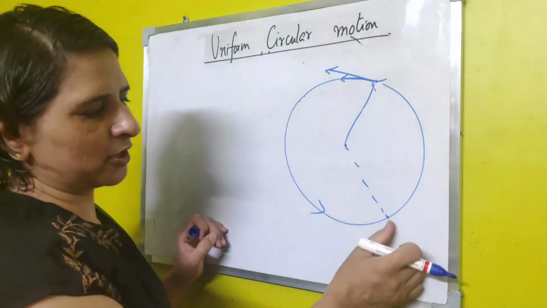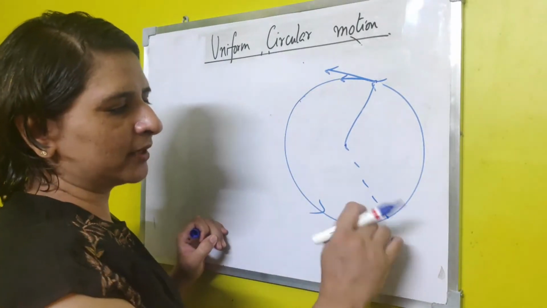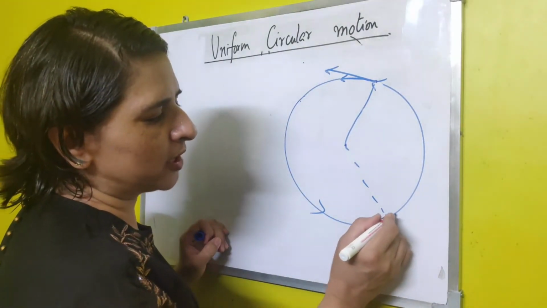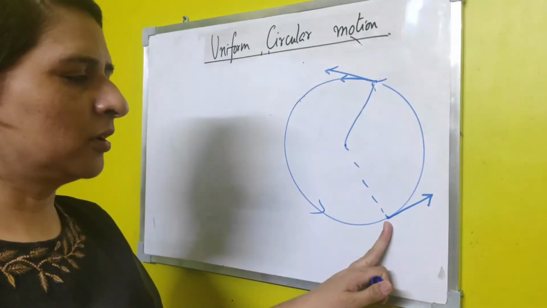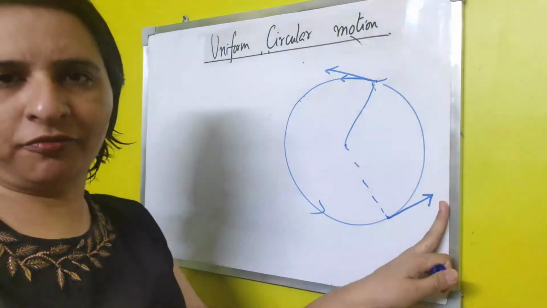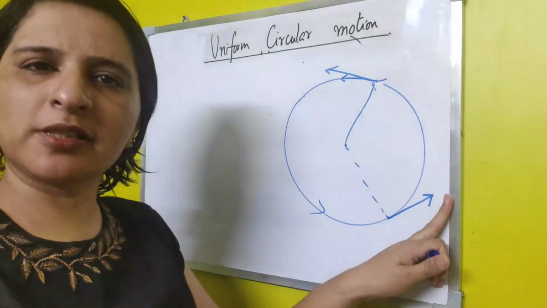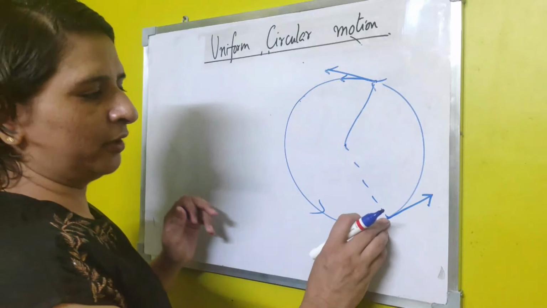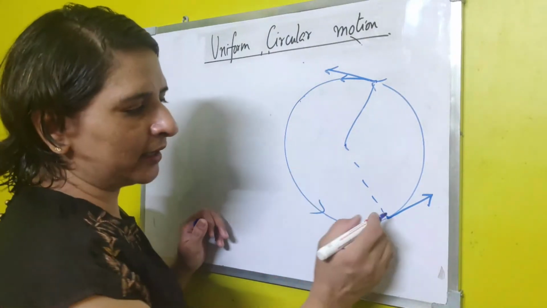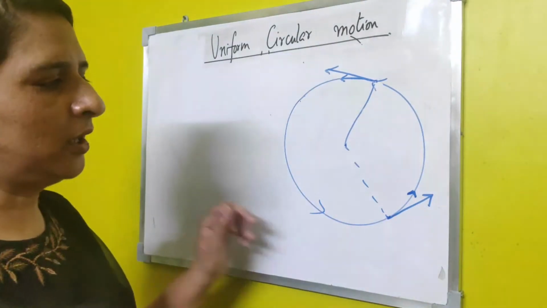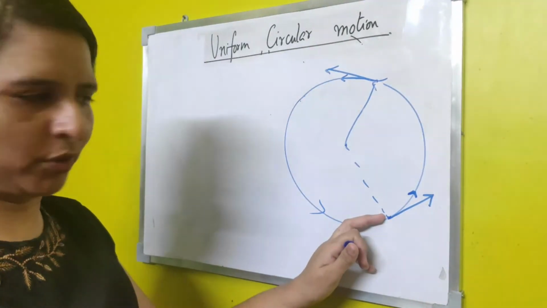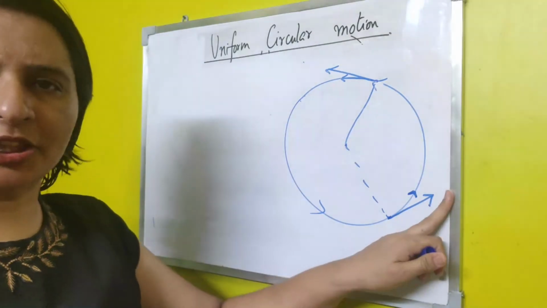If it breaks at this point, the tangent is in this particular direction. So now the stone will move in this direction because at this point the direction of motion is this. If it would have been tied to the center, it would have taken the circular track only, but because the thread has broken, it goes in the tangential direction.